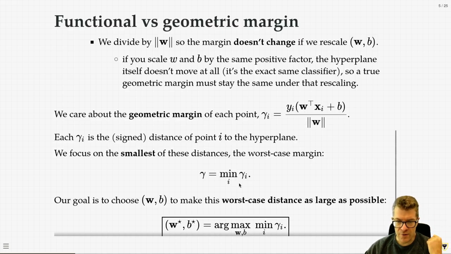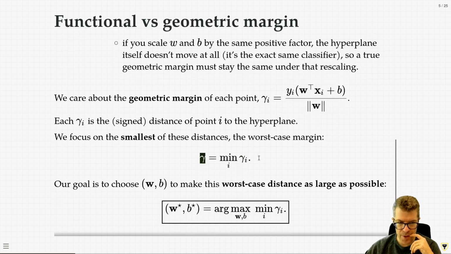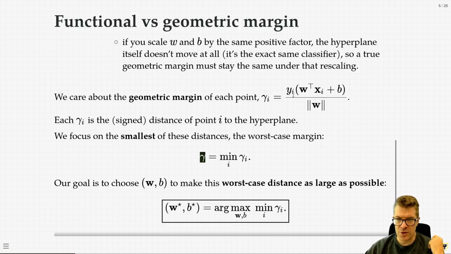Out of all the data points i, we get some normalized distance gamma sub i. Which one of them is closest? This is going to be defined as gamma. And our goal is to choose the parameters we can change, w and b, to make this worst case distance as large as possible.